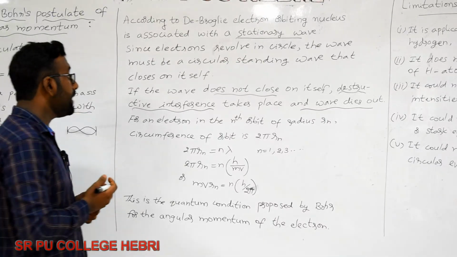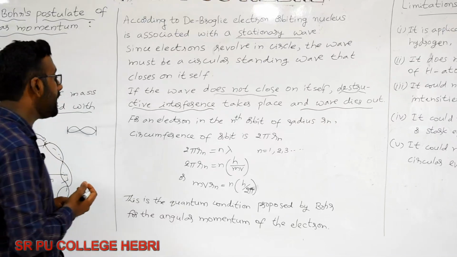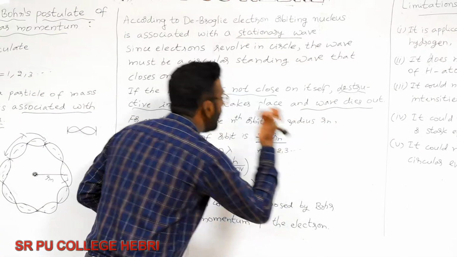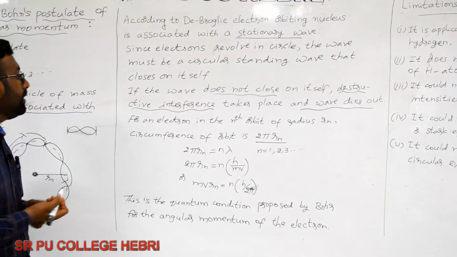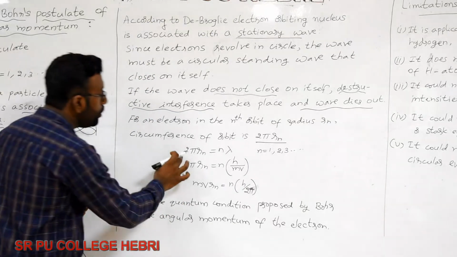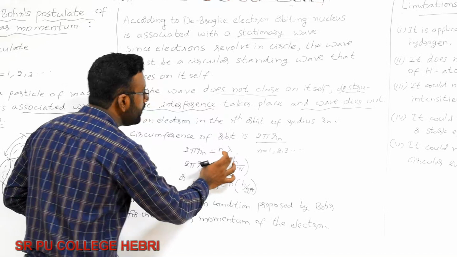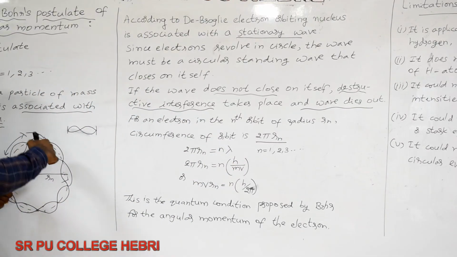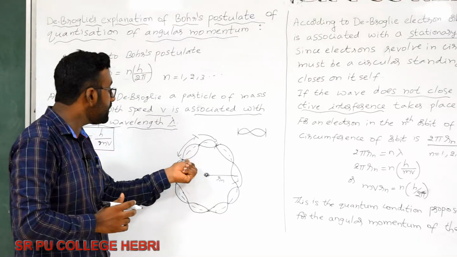For an electron in the nth orbit of radius Rn, the circumference can be given as 2 pi Rn. Then we can write 2 pi Rn equal to n lambda. You can see here the wave will have wavelength lambda.